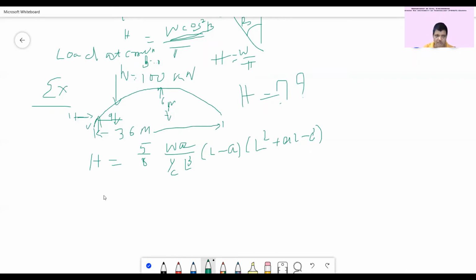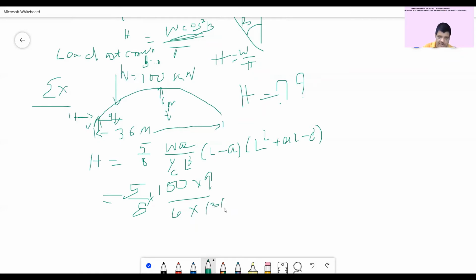Now if we put all these values, what do we find out? 5 by 8 into W A comes out to be 100 kilonewton, multiplied by A which comes out to be 9 meter, and then YC comes out to be 6 meter, L cube comes out to be 36 cube.